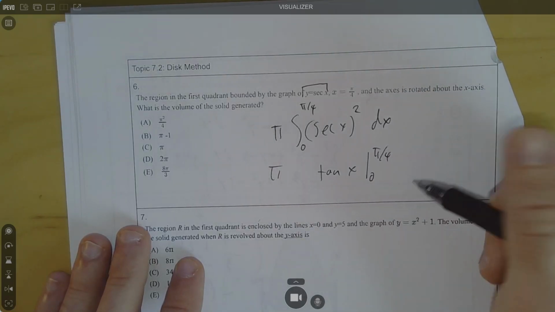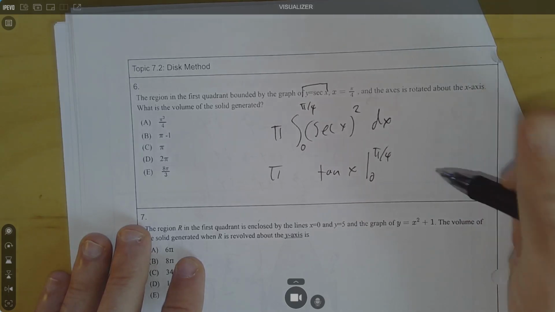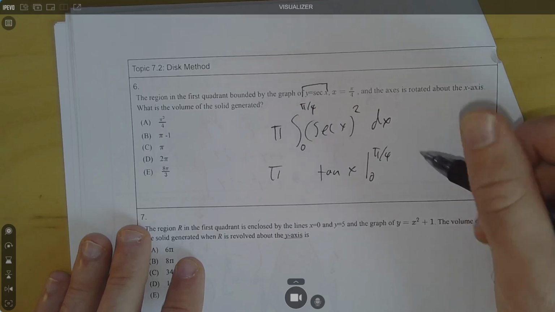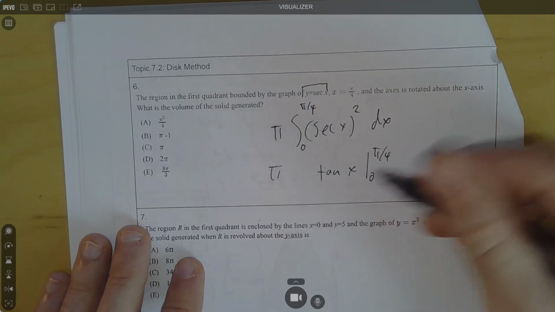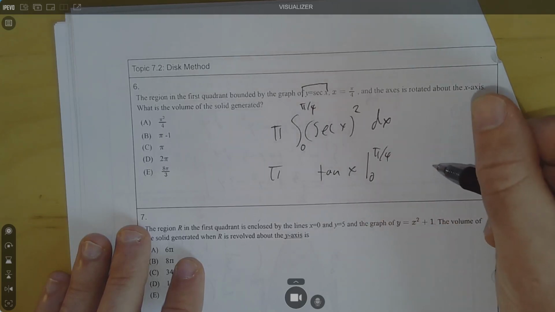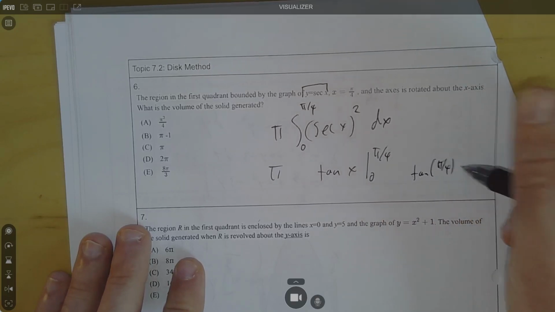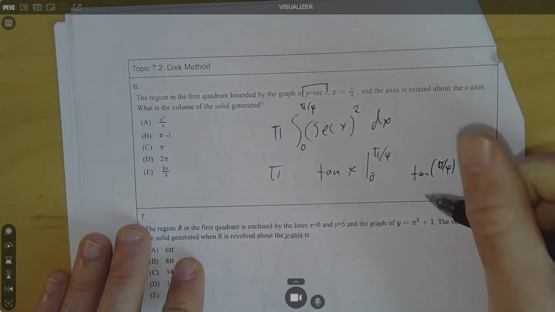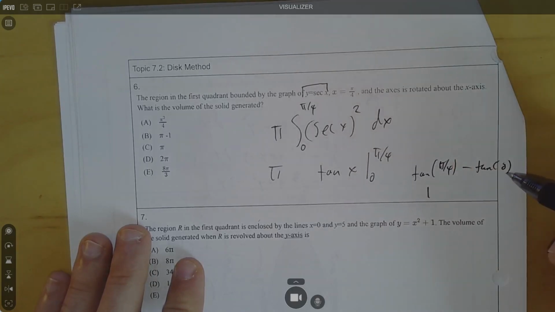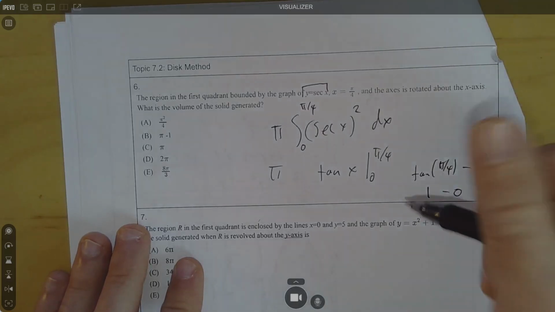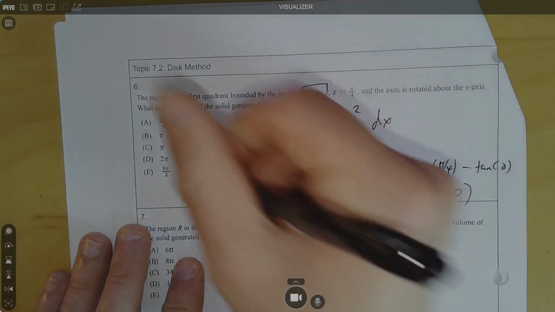Tan of pi over 4 is 1, because it's sine over cosine. Sine pi over 4 is root 2 over 2. Cosine pi over 4 is root 2 over 2. So what we're doing is tan pi over 4 minus tan 0. Tan pi over 4 is just 1. Tan 0 is, sine of 0 is 0, cosine 0 is 1, so it's 0. So it's pi times 1 minus 0, so it's just pi.